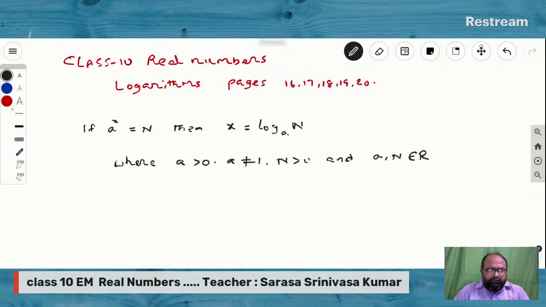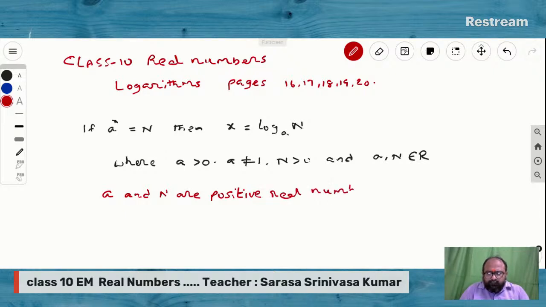Simply, we can understand that a and n are positive real numbers, and a is not equal to 1. This is the definition of logarithm.